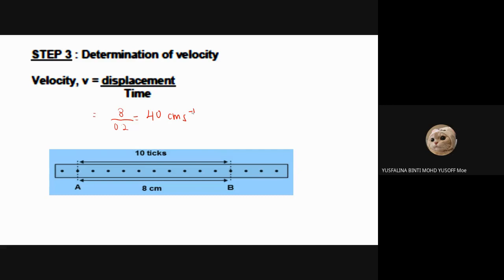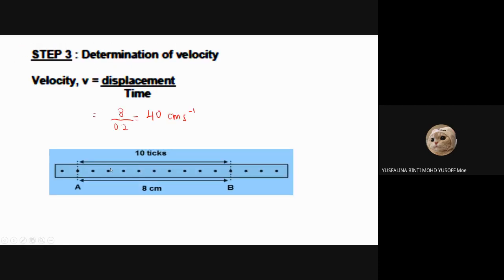So you have to find the length from the first tick until the 10th tick, and then measure it using the ruler. Then the time you have to count: 1, 2, 3, 4, 5, 6, 7, 8, 9, 10. So 10 ticks.